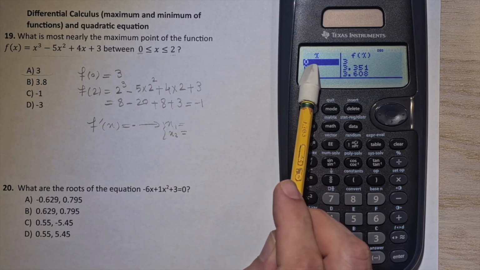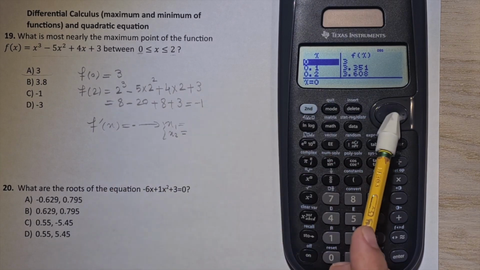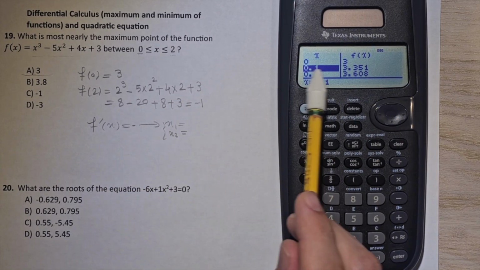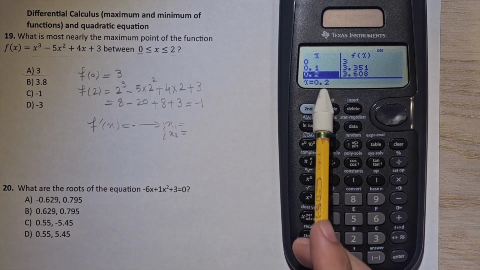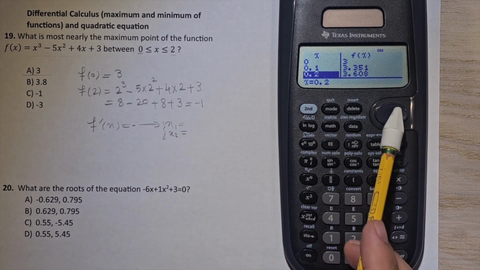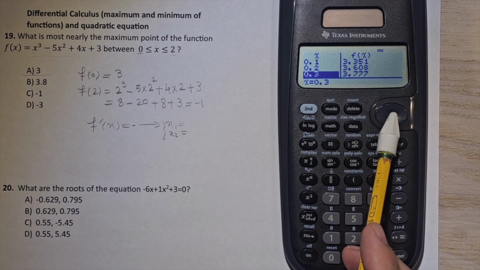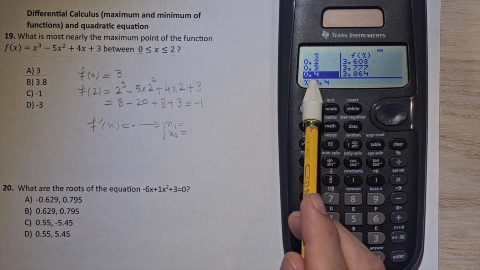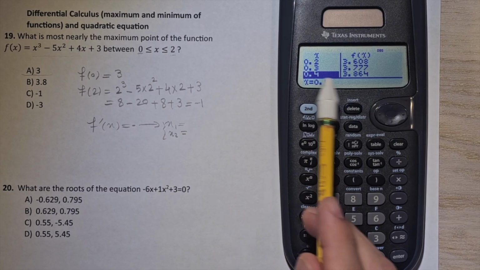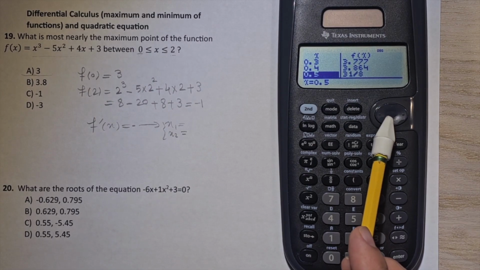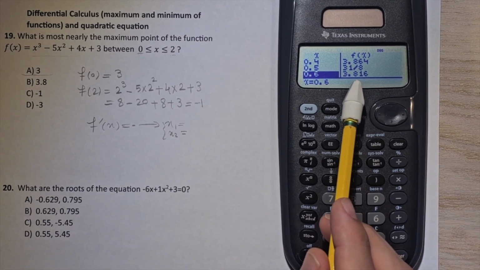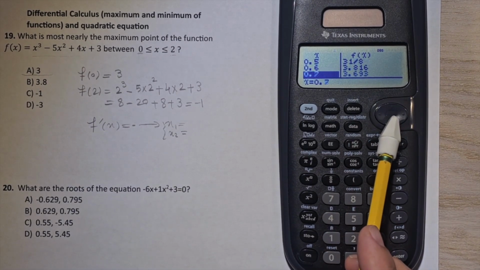So for 0 it should be 3, for 0.1 it should be 3.3, for 0.2 it should be 3.6, and it is going up, and at 0.4 it is 3.8, and at 0.6 it is 3.8.